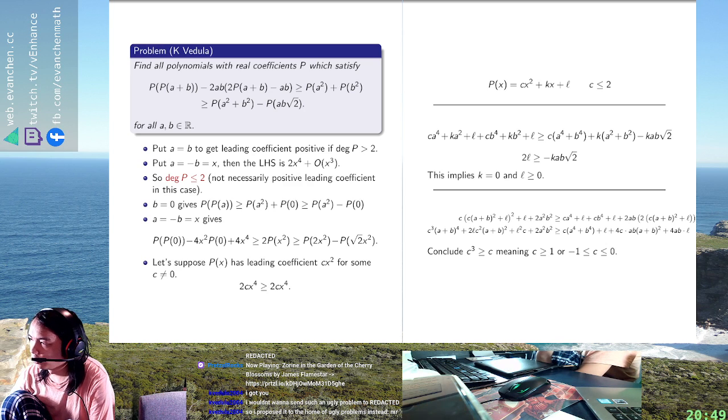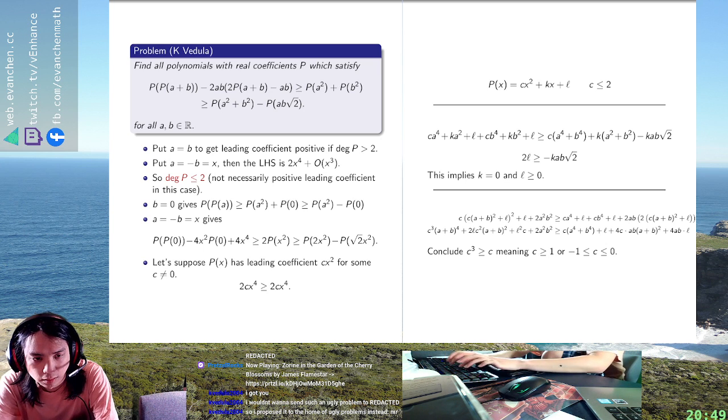What happens right now if I let a equals b equals 0 then? Now that I know, okay, L squared C is at least L, which is a statement that can happen, I guess.